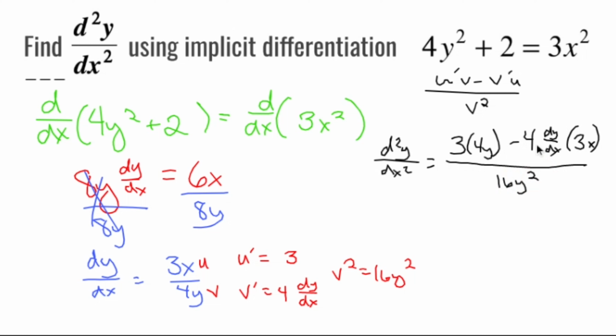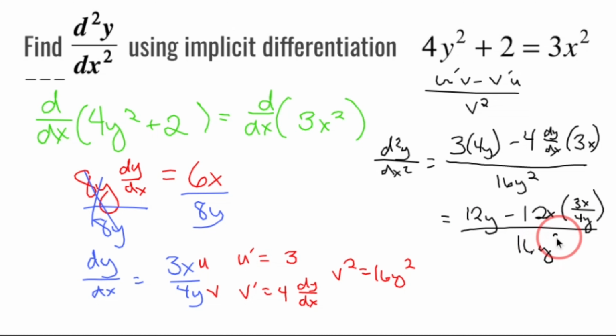Now let's start simplifying things. 3 times 4y is 12y. No big deal. Minus 12x, but dy dx, I already know what that is. Dy dx, right here, is 3x over 4y. So I'm going to turn that into 3x over 4y. And that's all going to be over 16y squared.